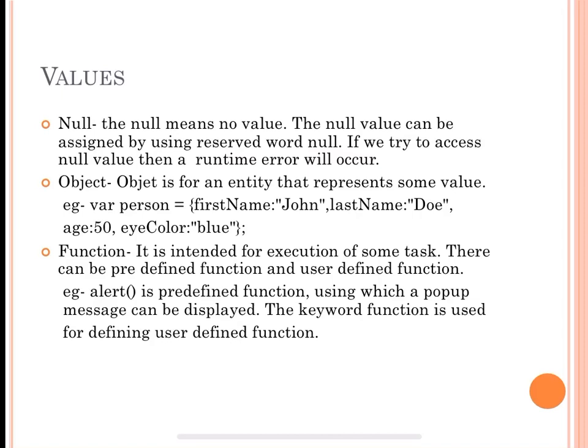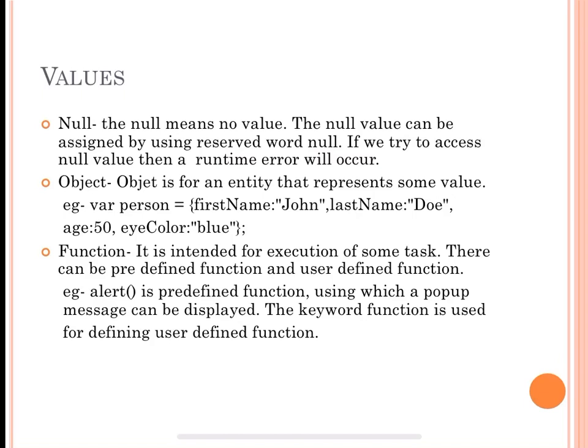A user defined function is the function which is defined by the user itself. It is written with the help of the keyword function, then your function name and whatever statements you want to write, you can give inside the function. Okay, we will study function in detail in the coming chapters.